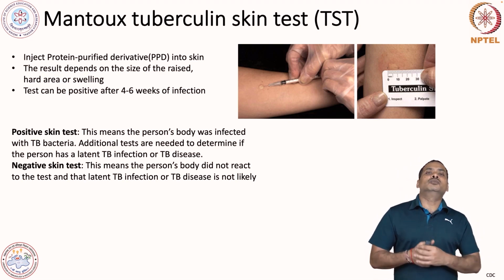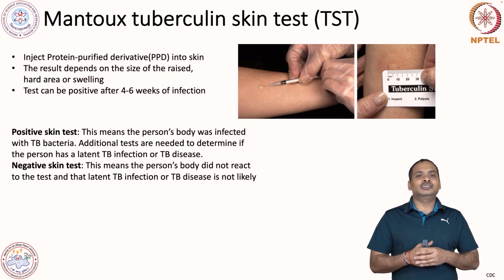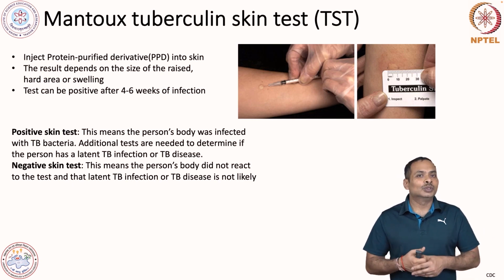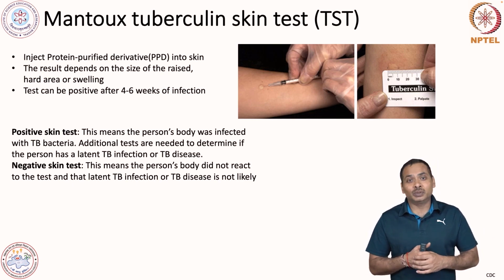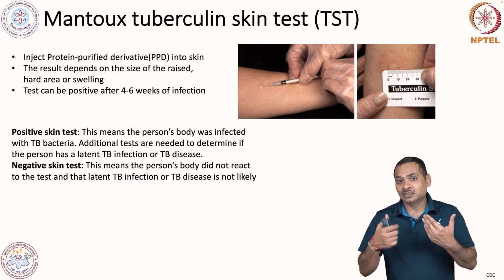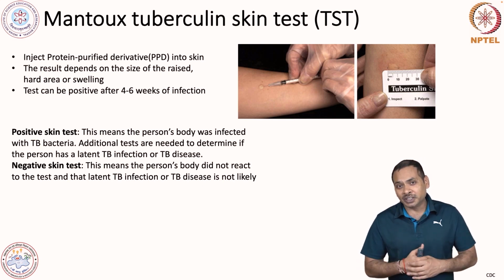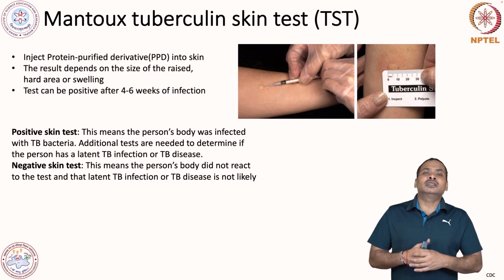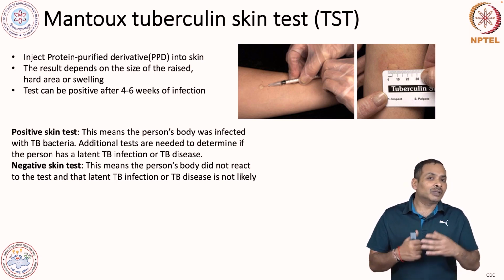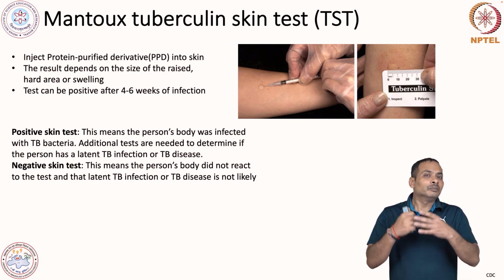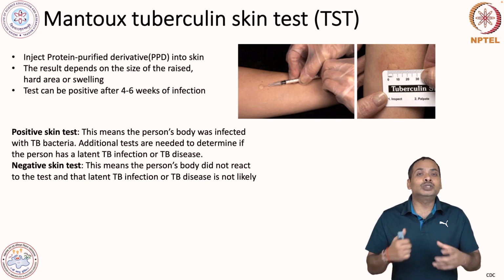investigation. The most firm investigation is to identify Mycobacterium tuberculosis from the patient's sample. If it is pulmonary tuberculosis, one has to find the Mycobacterium tuberculosis in the sputum sample.